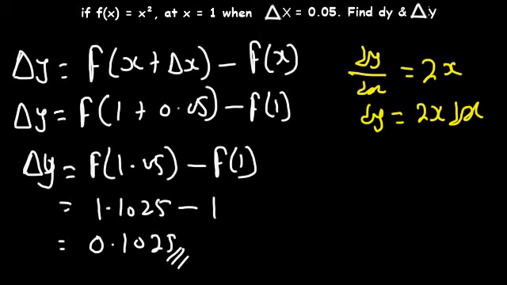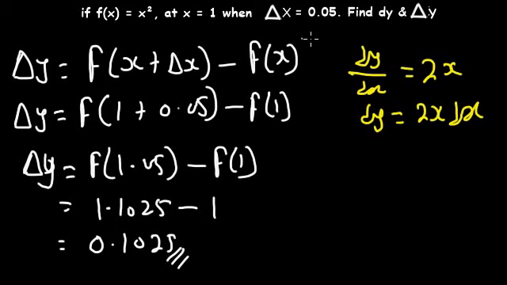However, if delta x is given, you need to understand that it's often equal to dx. Otherwise, the values of delta y and dy won't be close. They will be entirely different. At the same time, these values must be approaching 0 for delta y and dy to make sense and be approximately equal. As delta x approaches 0, the values of delta y and dy get closer and closer.